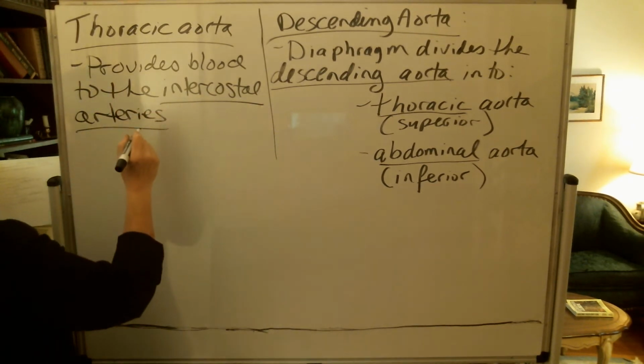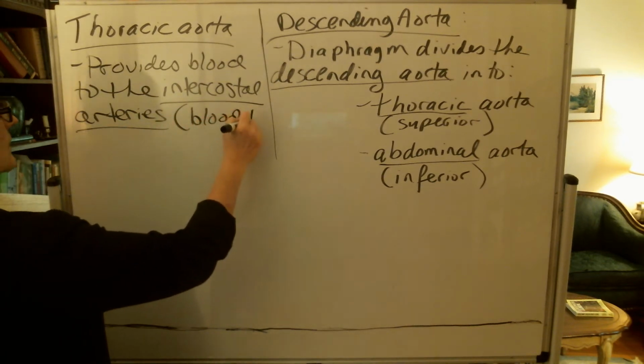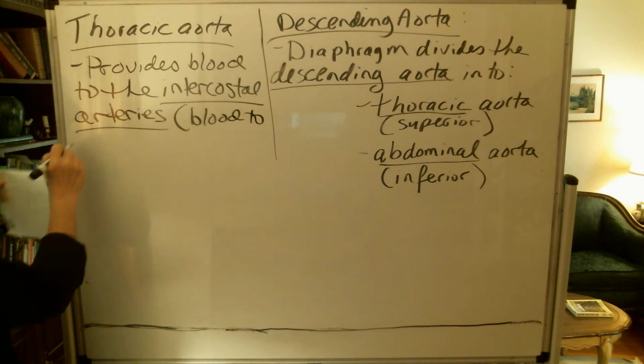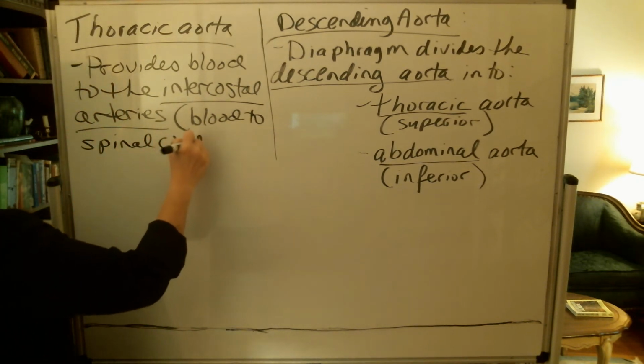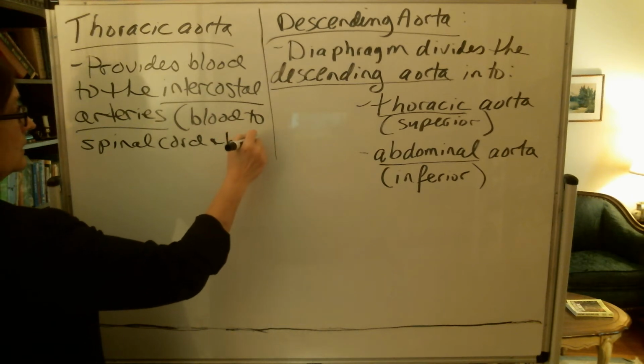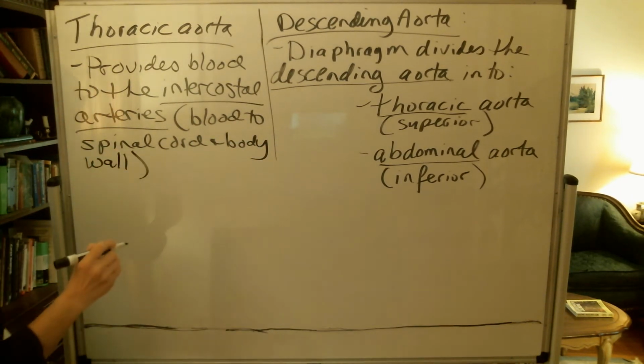And the intercostal arteries then bring blood to the spinal cord and the body wall.